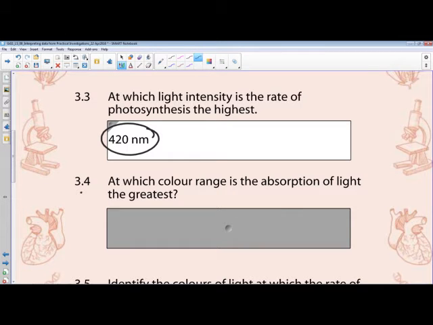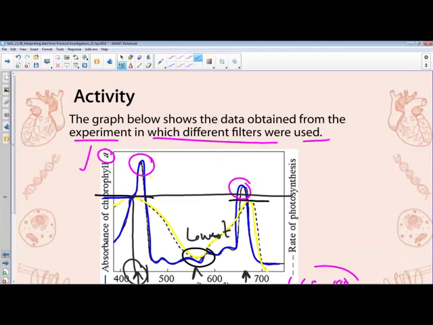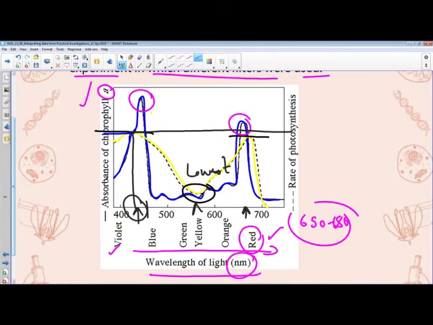3.4. At which color range is the absorption of light the greatest? Here we're looking at which color range the absorption of light is the greatest. And guys, if you go back to the graph, it's between violet and blue. I'm just going to skip back quickly to the graph. If we look at the color range at which the absorption is the greatest, it is between this.